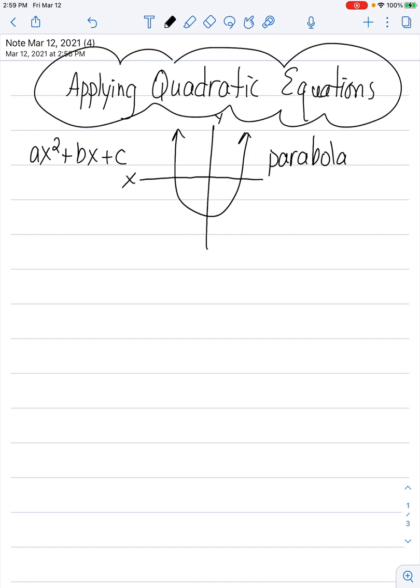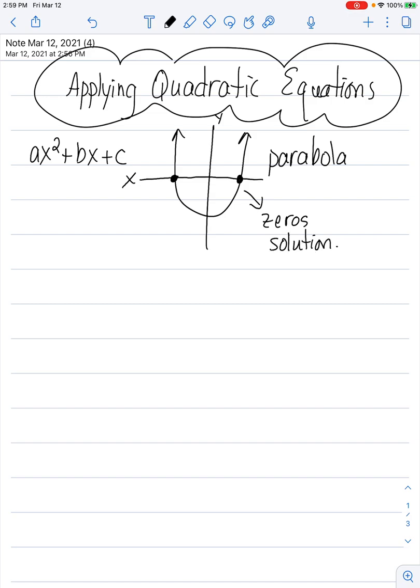When we solve quadratic equations and find the zeros, we're finding the 2 points, or 1 point, or however many times the equation crosses the x-axis. Those are your zeros or your solutions.